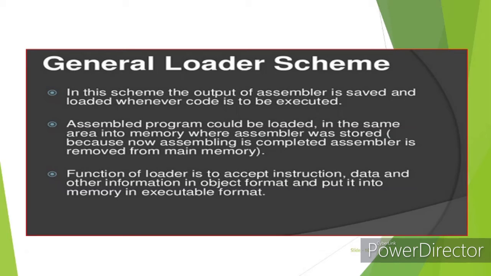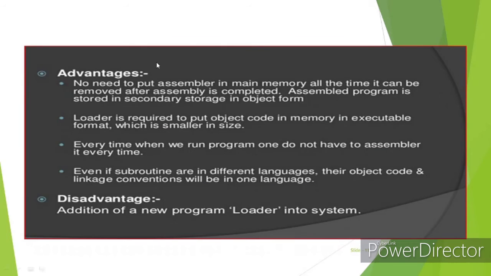The function of the loader is to accept the instructions, data and other information in object format and put them into memory as an executable file. The advantage here is that there is no need to keep the assembler in memory every time; it is removed after assembling is completed, so you can directly place the loader into the main memory. The loader required to put the object code in memory in executable format is actually smaller than the assembler.